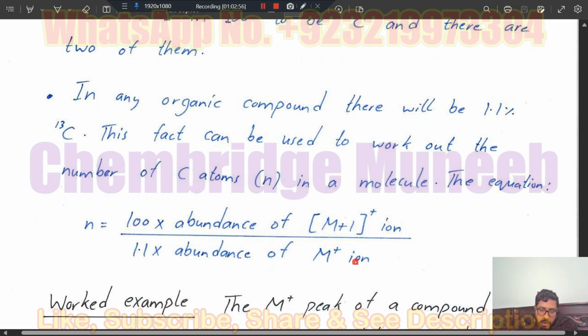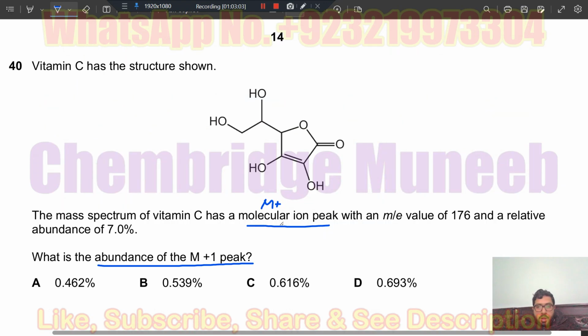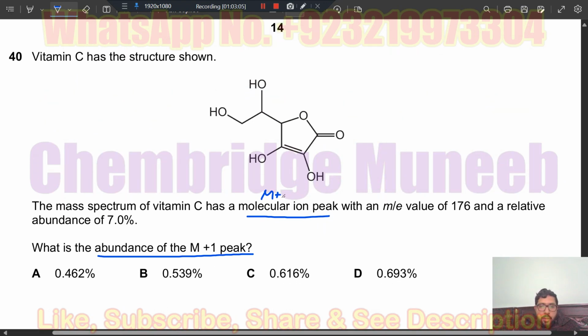This is called the molecular ion peak, and this is the M+1 peak. We do have the value of the abundance of the molecular ion peak, and the m/e values are given. So the formula is here.